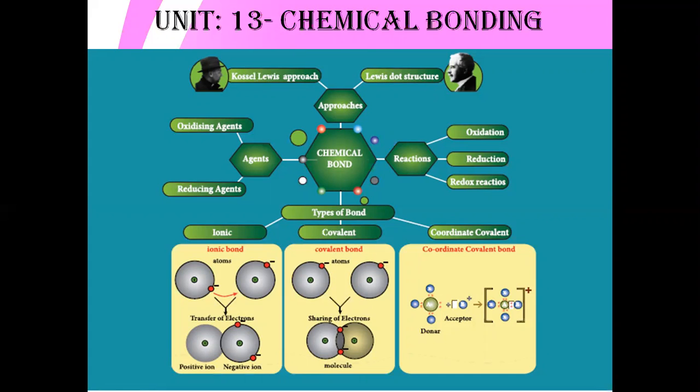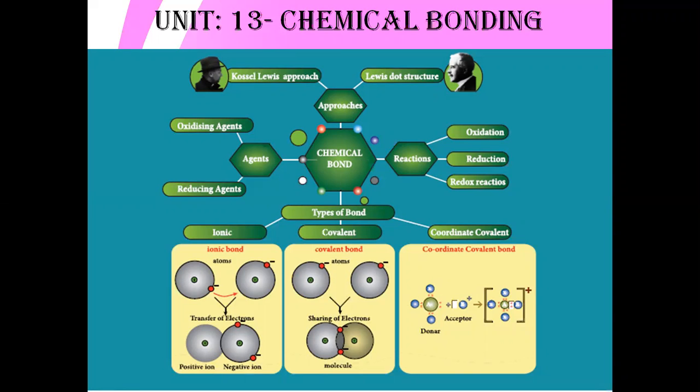There are many types of bond. We have given three types: ionic bond, covalent bond, and coordinate covalent bond. Ionic bond means transfer of electrons: an atom in its valence shell transfers electrons to another nearby atom.